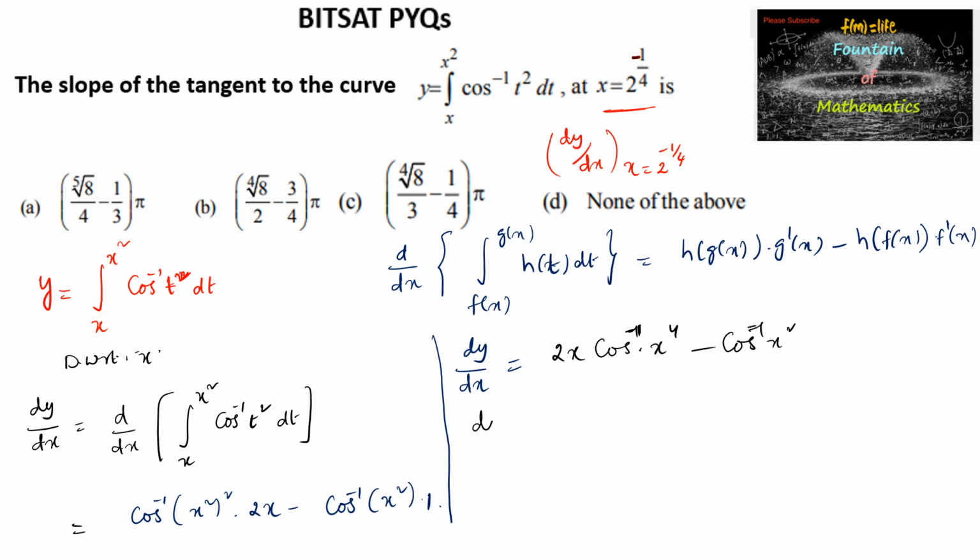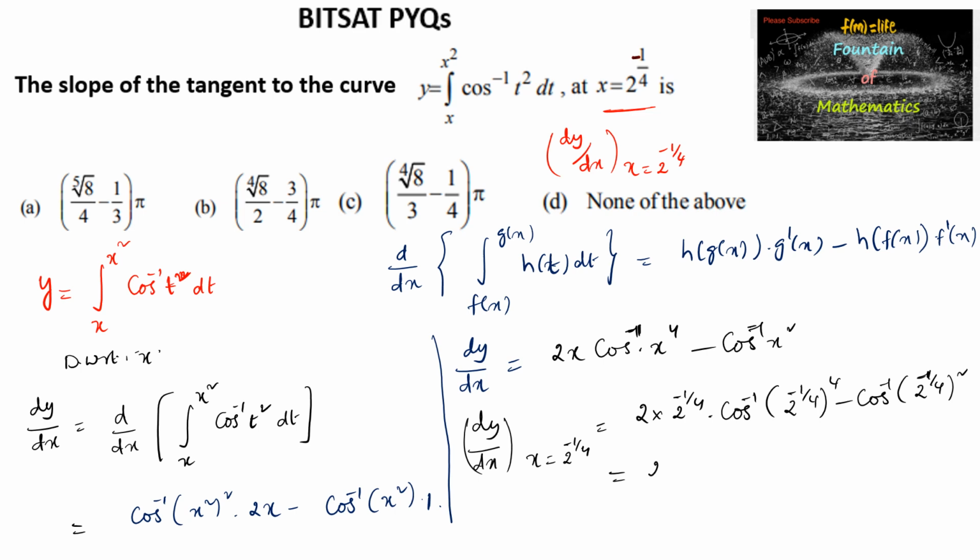And now you need to find the slope dy by dx at the point x equal to 2 power minus 1 by 4, which is 2 into 2 power minus 1 by 4 into cos inverse of 2 to the power of minus 1 by 4 whole power 4, minus cos inverse of 2 to the power minus 1 by 4 whole square.